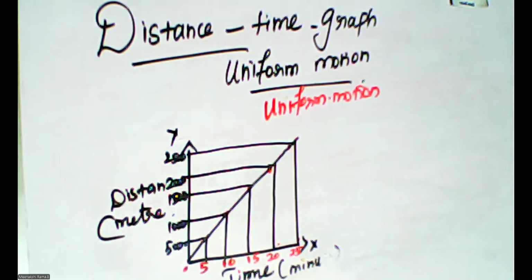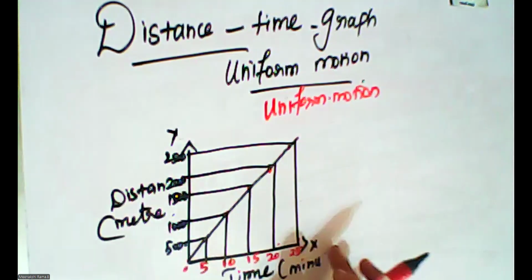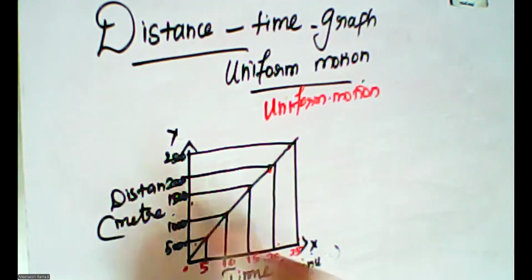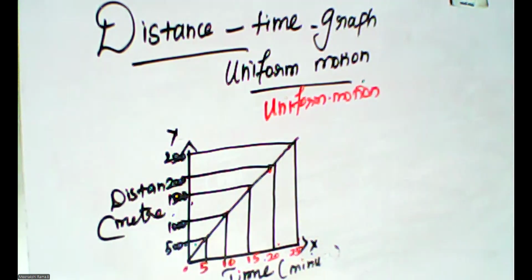The uniform motion concept: the person covers equal distances in equal intervals. Yes, in each and every interval he crosses 500 meters only. So the conclusion: this is the uniform motion distance time graph.